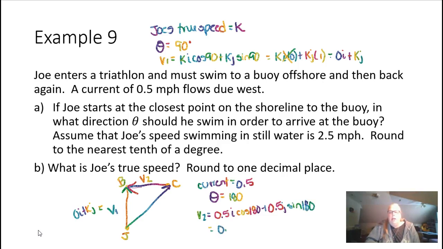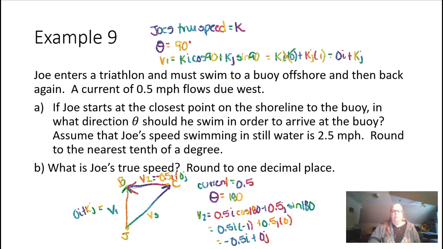I know the cosine of 180 is -1, and the sine of 180 is 0. So -1 times 0.5 gives me -0.5i, and of course 0 times 0.5 gives me 0, so we have 0 j's right here. In terms of i and j, our vector here is going to be -0.5i plus 0j.